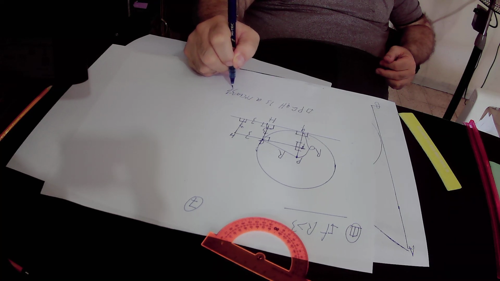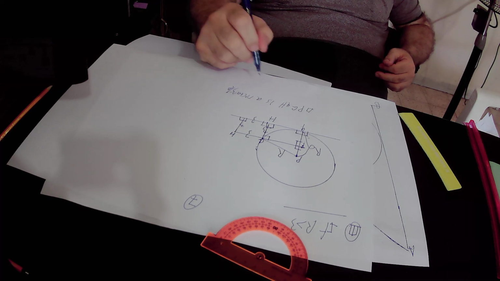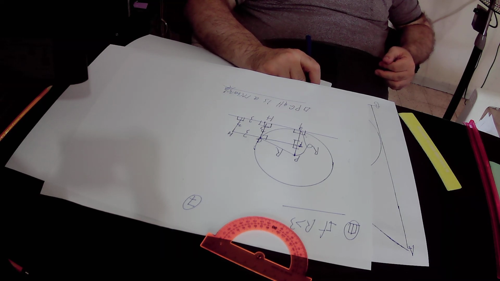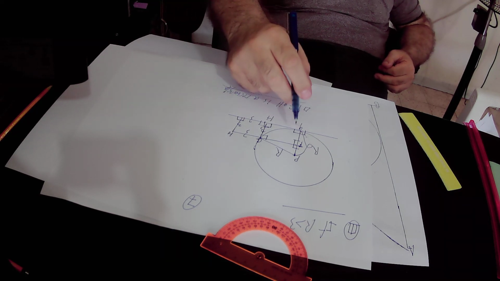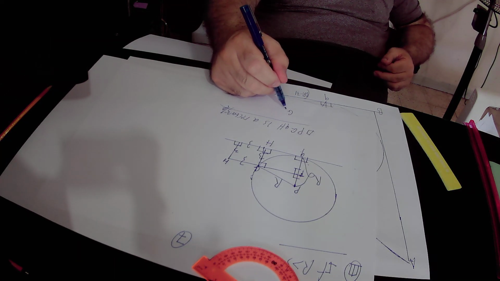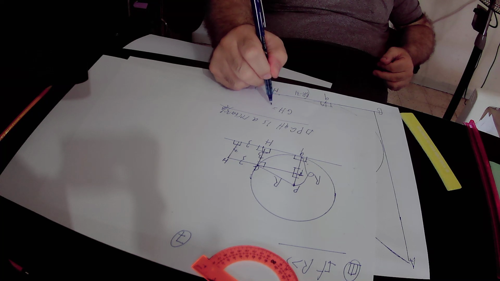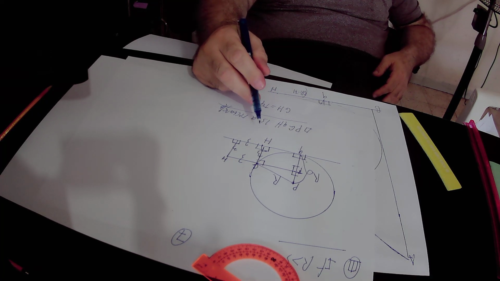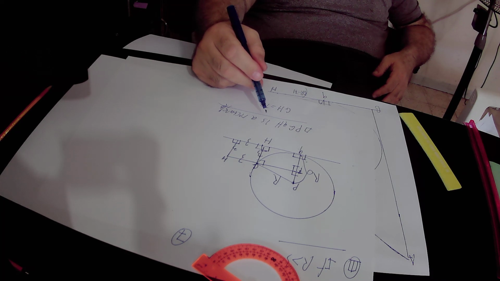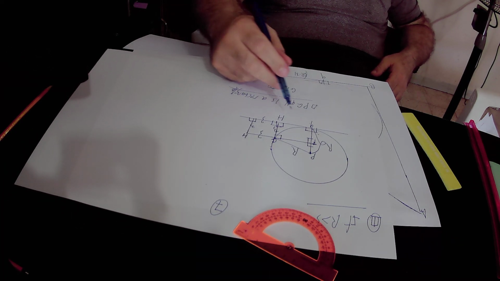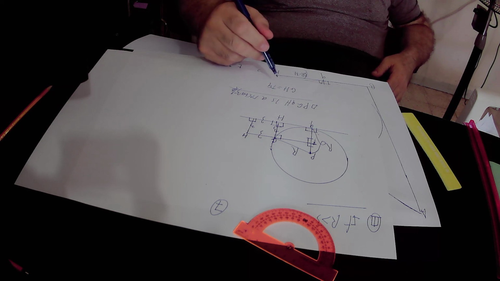And we know that the opposite sides of a rectangle are equal to each other. That is to say, GH equals TQ.